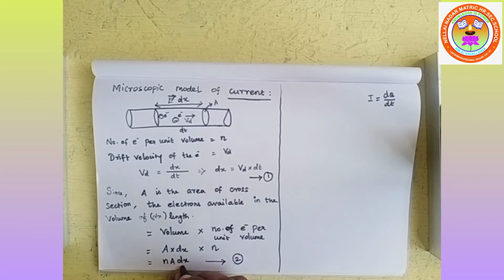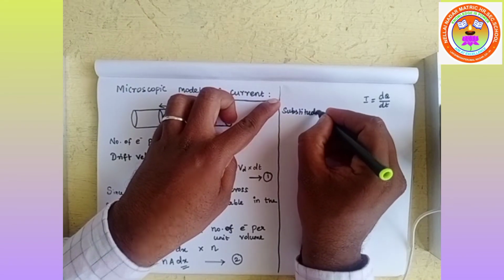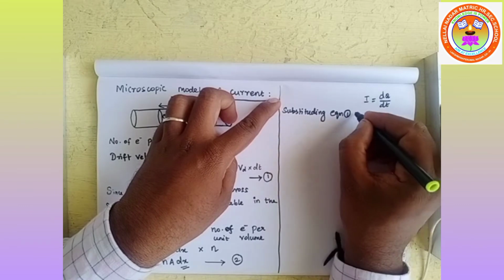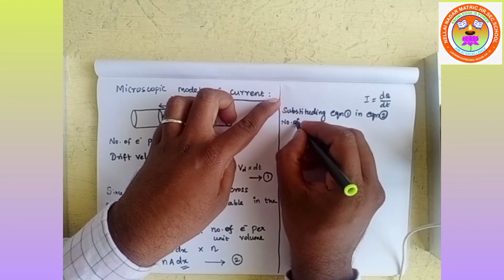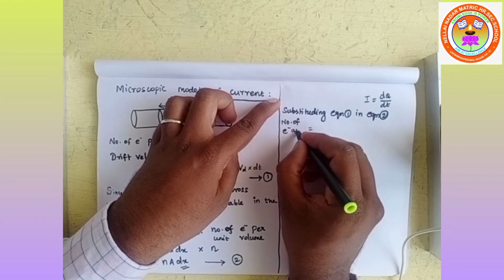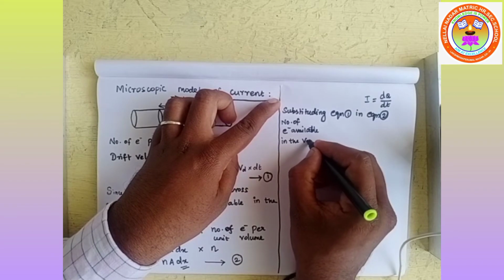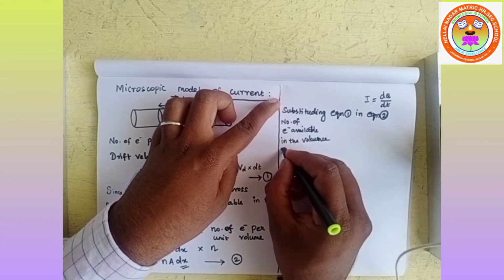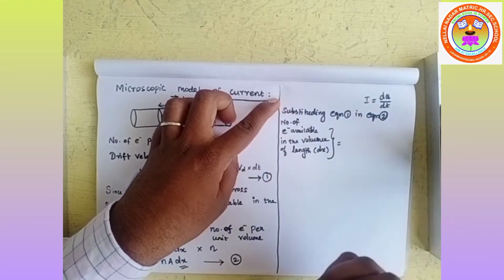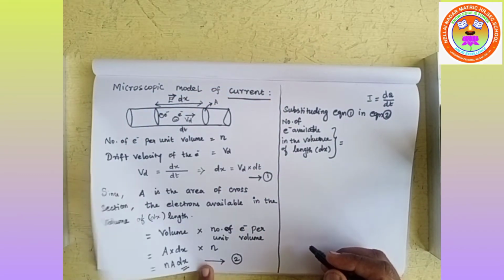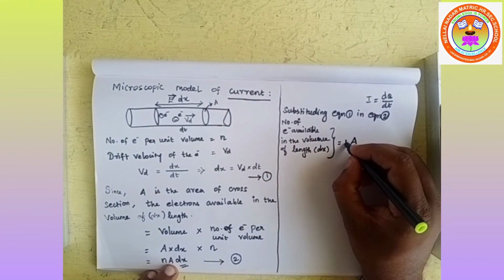Already you know the value of dx from the first equation. So substituting equation 1 in equation 2, we get the number of electrons available in the volume of length dx equal to n into A into dx.